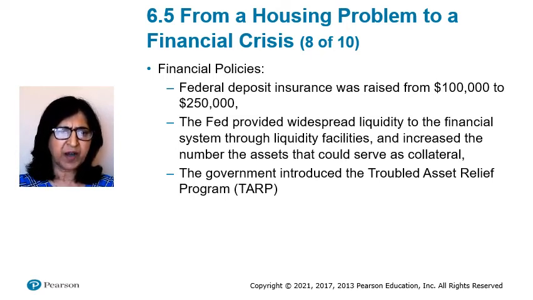The Fed provided widespread liquidity to the financial system through liquidity facilities and increased the number of assets that could serve as collateral. The government introduced the Troubled Asset Relief Program, TARP, aimed at cleaning up the banks' balance sheets of complex assets.